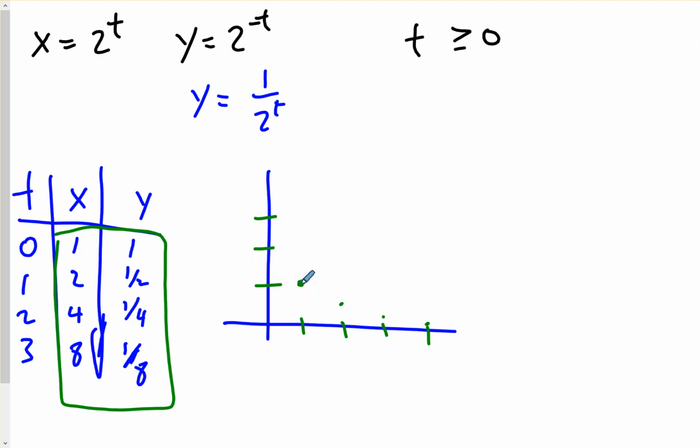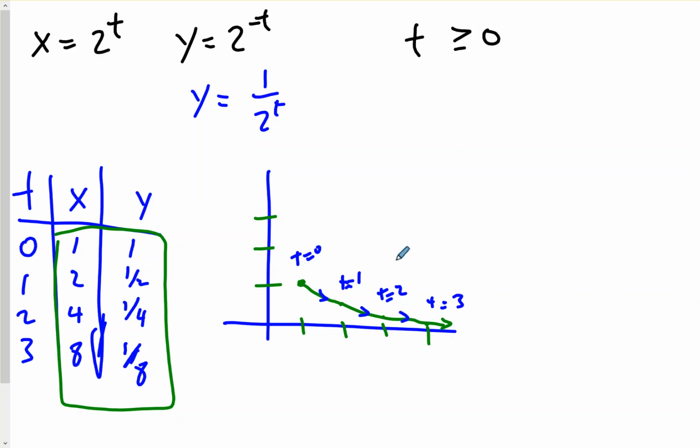Okay, so it's going to go like this, where this is t equals 0, t equals 1, t equals 2, t equals 3, and we're going like this.